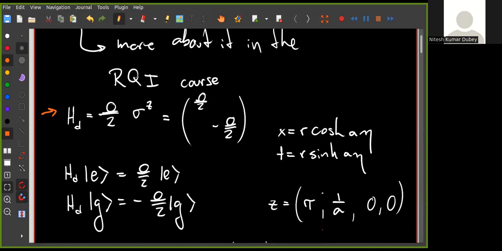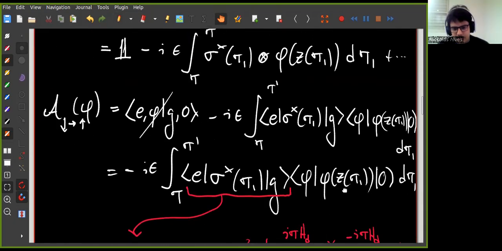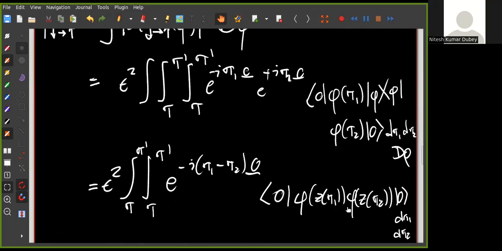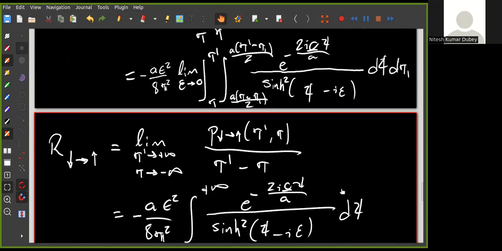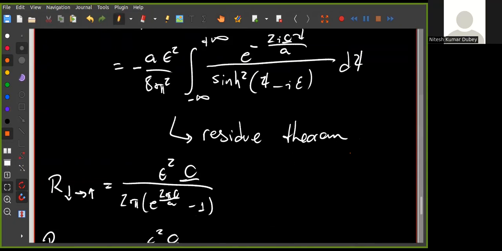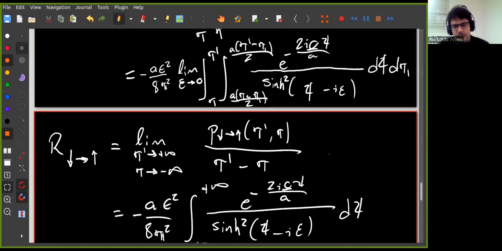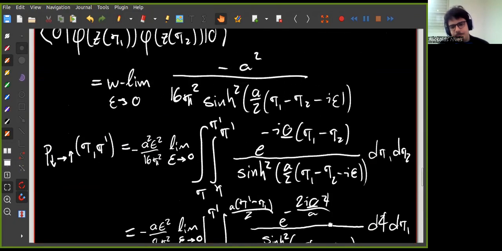Our rate is well defined, right? Yeah, R is well defined, but you said that phi is not well defined. We have to smear phi. Oh, okay, yes, in principle we have to smear phi, in order to have a completely well-defined phi.